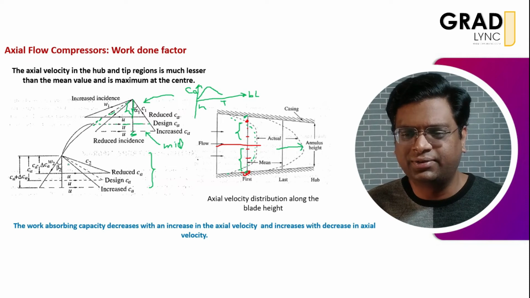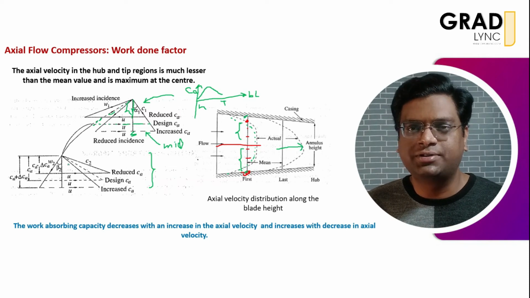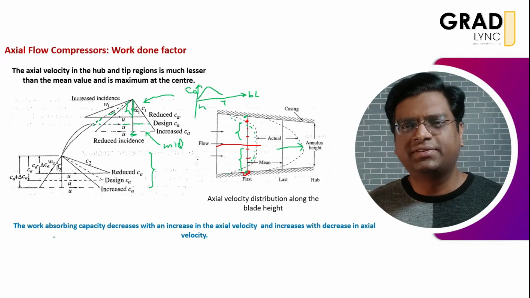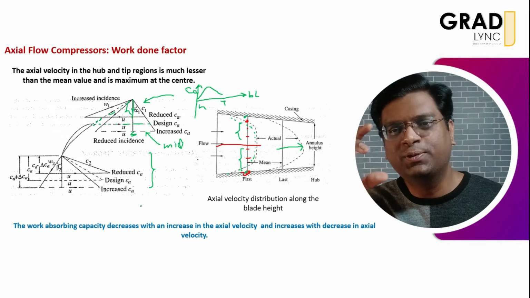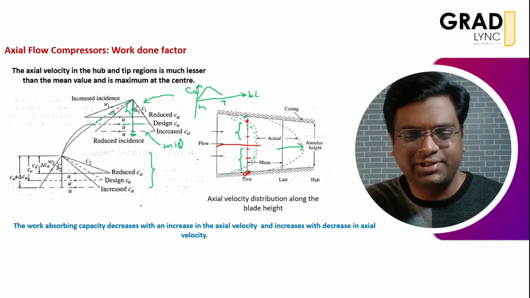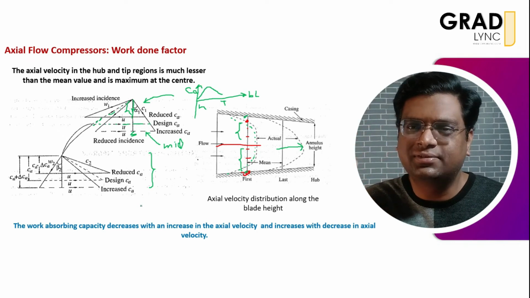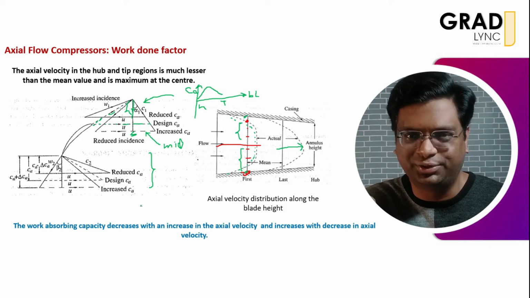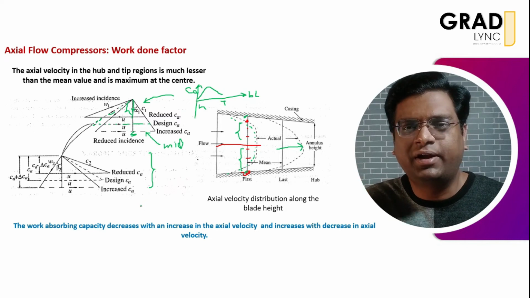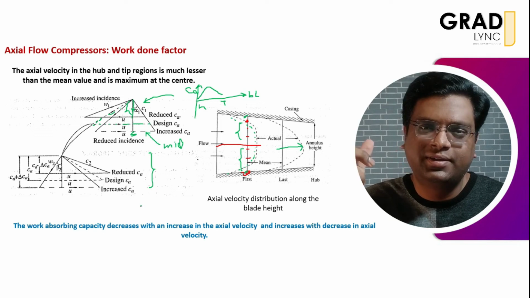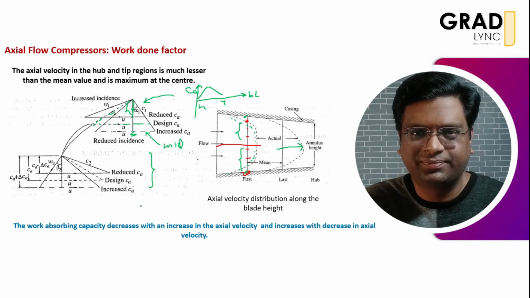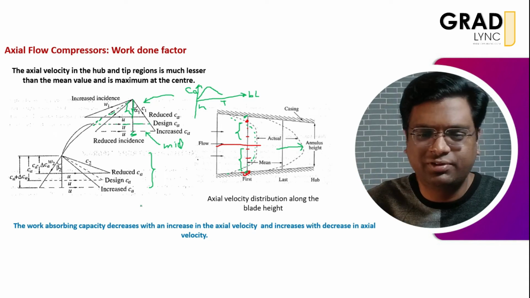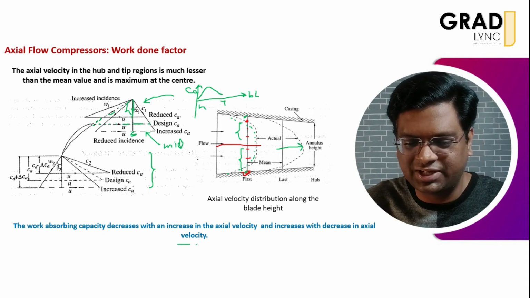If you understand this, you will really enjoy aircraft propulsion, and in specific the jet engine analysis. So with this understanding, we can conclude that when you increase the axial velocity, the work absorbing capacity of the compressor blades will reduce. And similarly, if I decrease the axial velocity, the work absorbing capacity of the axial flow compressor will increase. Please note down these two points, very important from this analysis.